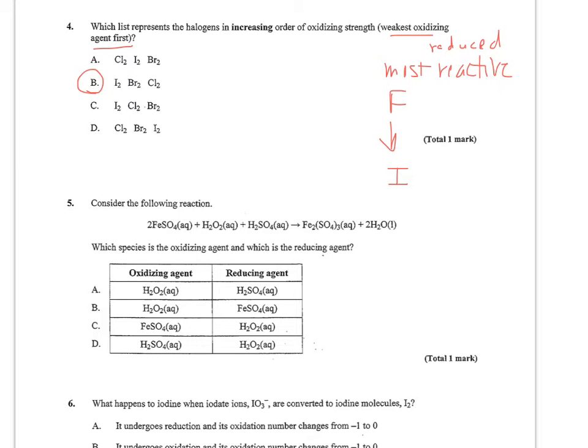Number 5 wants to know which species is the oxidizing agent and which is the reducing agent. So this is which one's reduced, this is which one's oxidized. So as I look at my equation here, H2O2, I have to look at what changes there, the hydrogen and the oxygen.